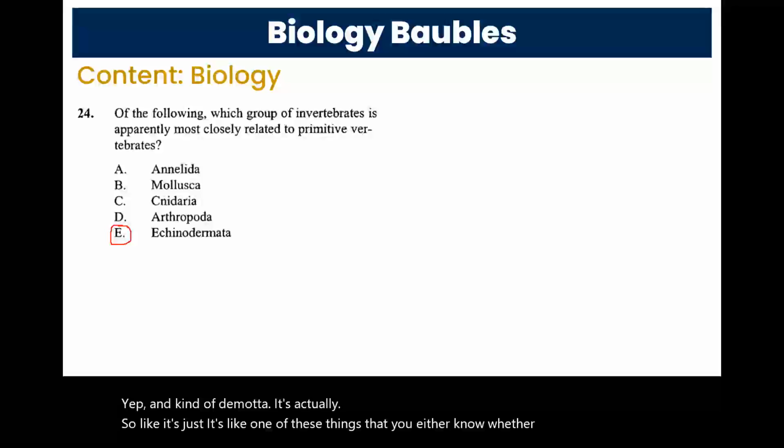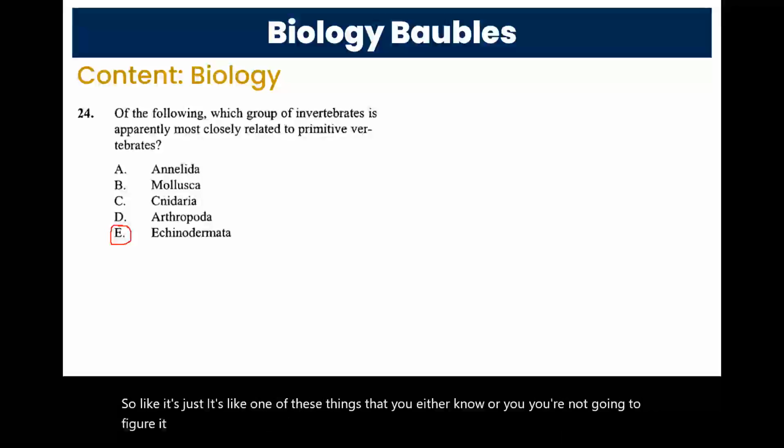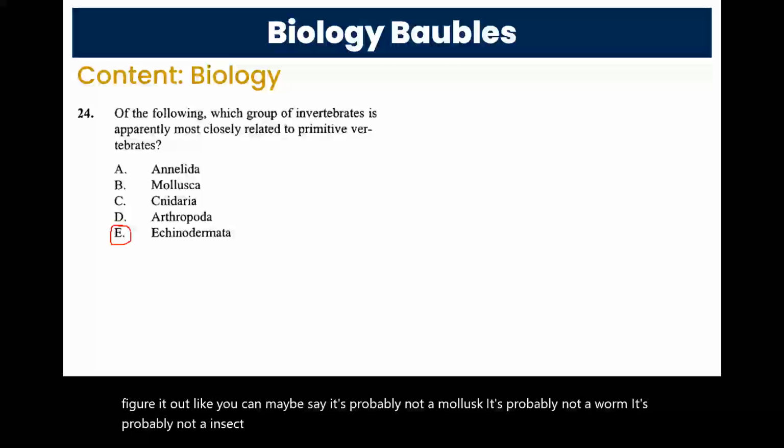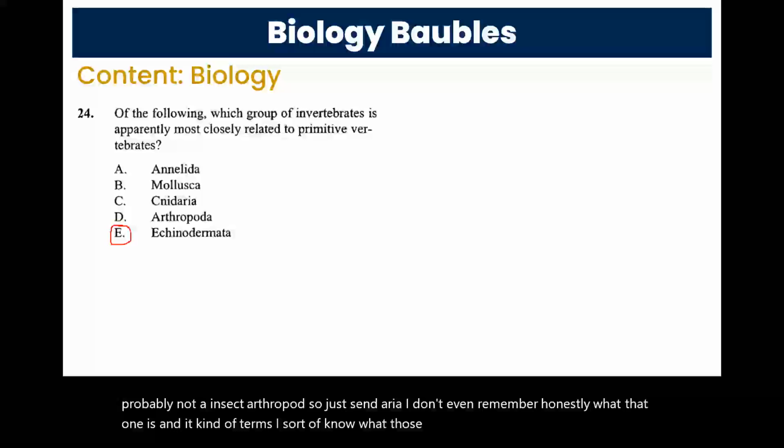You're not going to figure it out. You can maybe say it's probably not a mollusk. It's probably not a worm. It's probably not an insect, arthropod. So just Cnidaria, I don't even remember honestly what that one is. And Echinoderms, I sort of know what those are. But you either know it or you don't.